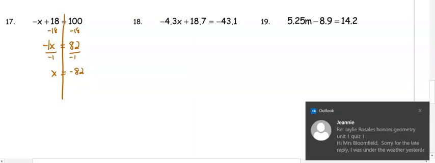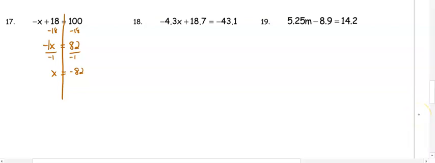In number 18, we have negative 4.3x plus 18.7 equals negative 43.1. So now, in order to get x by itself, we are going to subtract 18.7 from both sides.